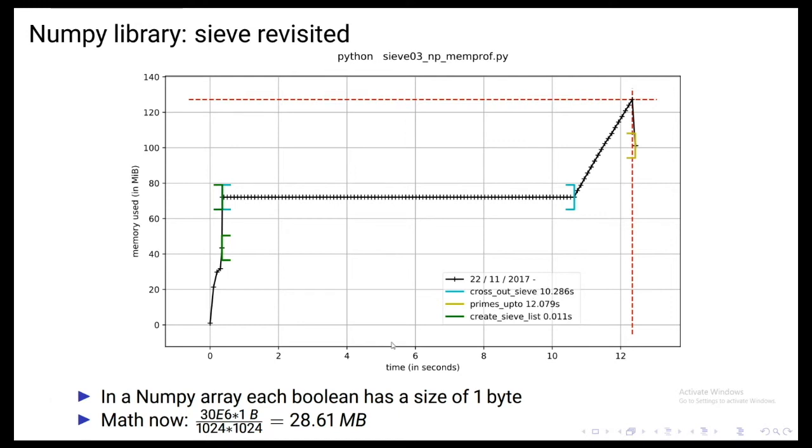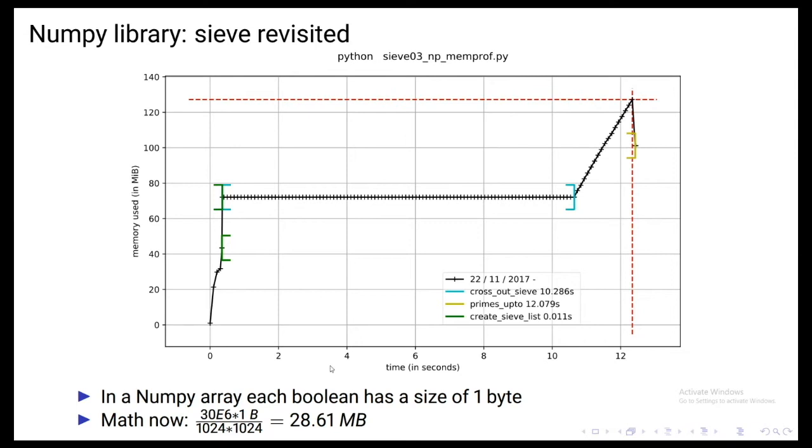But here you can see one of the benefits of using array objects which have a very well-defined data type. Pure Python is very flexible, but that comes at a cost.